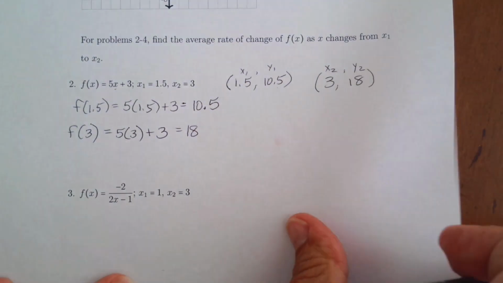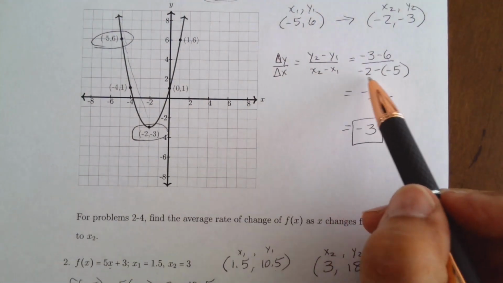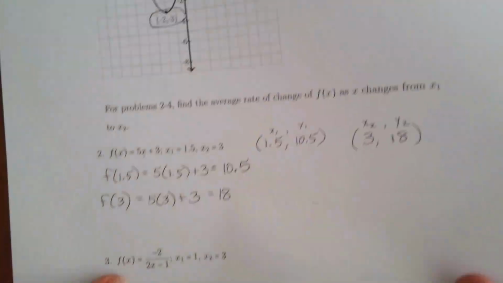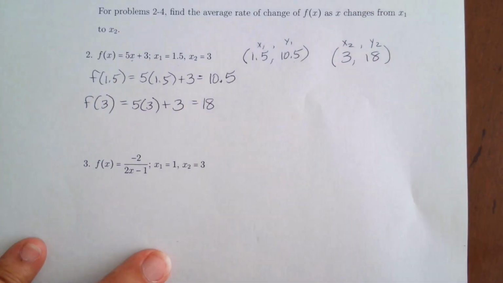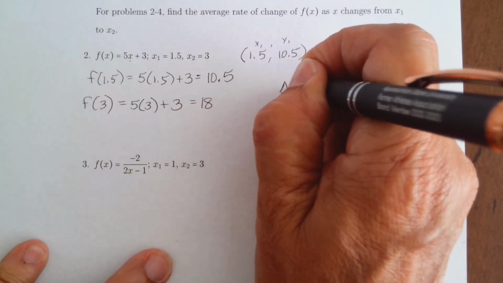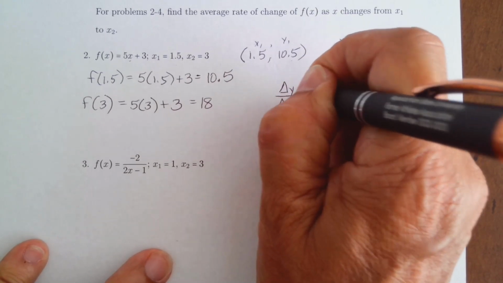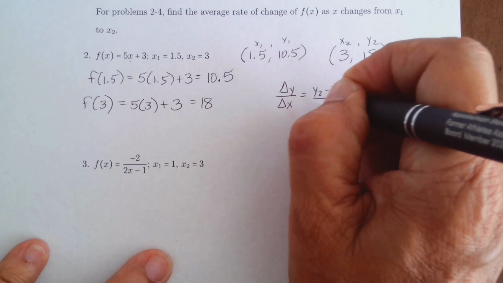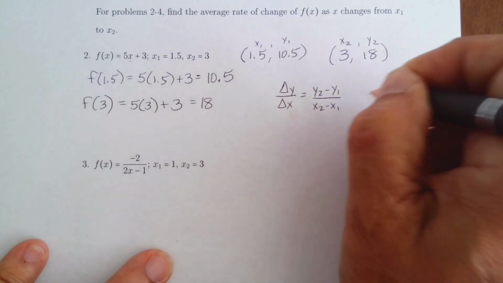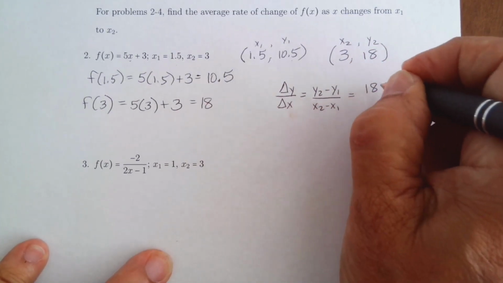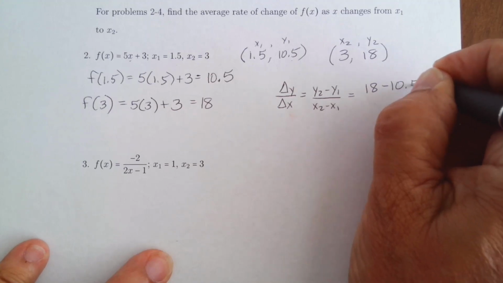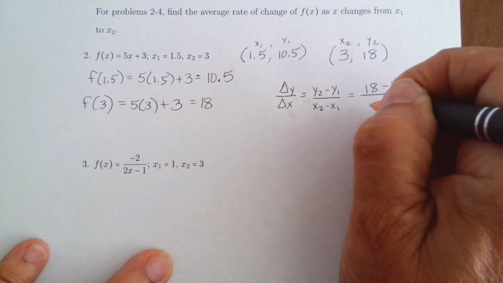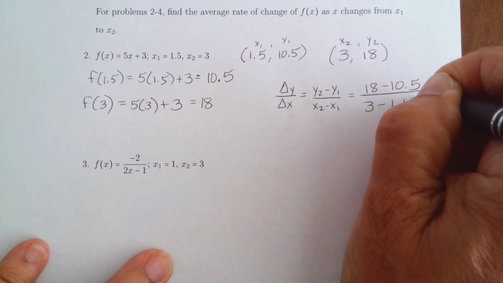So now we're going to do exactly what we did up here, find the average rate of change, because I have my values now. The average rate of change is y2 minus y1 over x2 minus x1. So we're going to do 18 minus 10.5 over 3 minus 1.5.